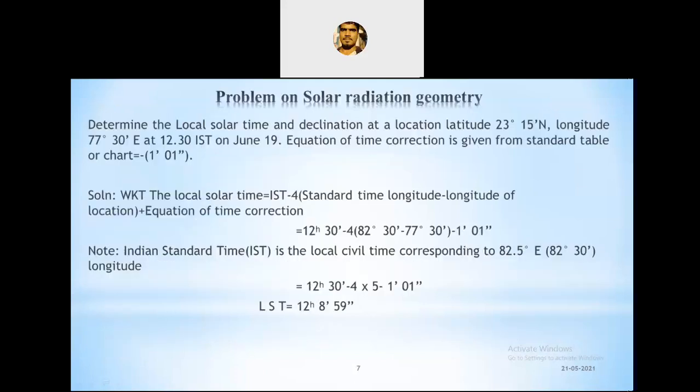So these are the important geometrical definitions and equations based on the sun and earth. By using these equations we are going to solve some problems. Here I am discussing one problem; in the examination you may get similar problems.